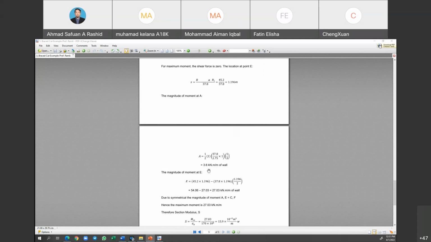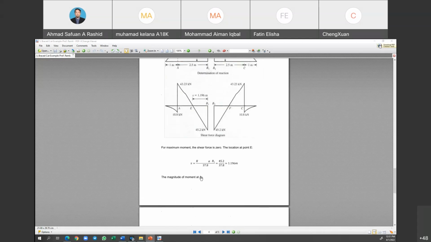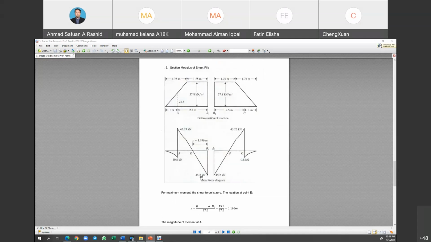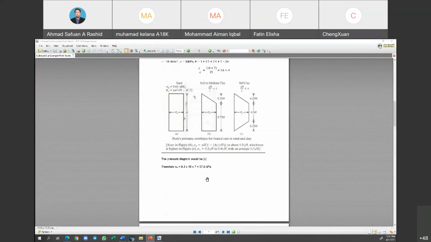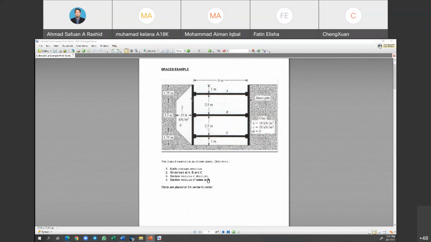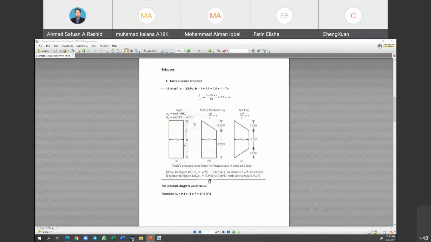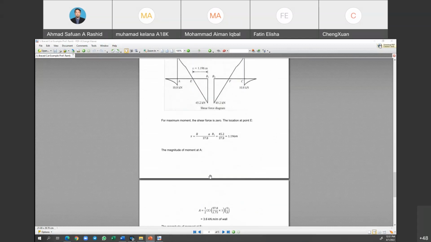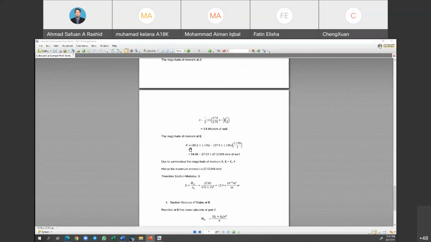So that is the moment at A. The magnitude of the moment at E, they obtain 27.03. Due to the symmetrical magnitude of A, E equal to CF, here's the maximum. So they come up with the maximum value of 27.03.